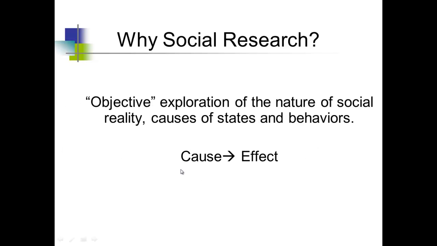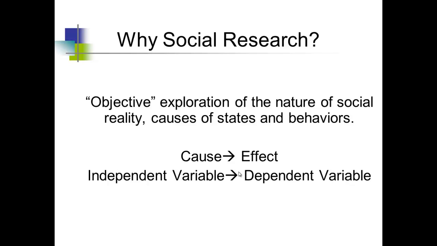So, social research, why? Big questions. Mostly because we're interested in the quote-unquote objective exploration of the nature of social reality, and the causes of states and behaviors. If we're thinking about this in specific terms, we're thinking about cause and effect, essentially. However, I'd like to caution you on thinking about cause and effect in the social sciences, mostly because we don't do hard science here. We don't do experimental studies, so we can't say definitively that something causes something else.